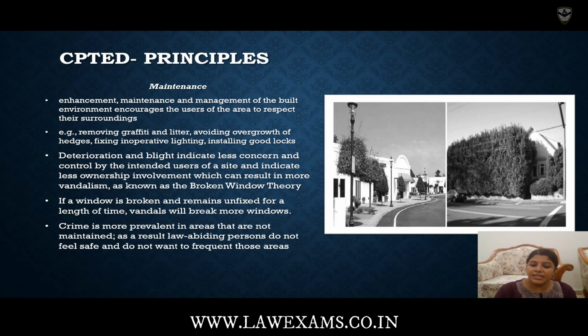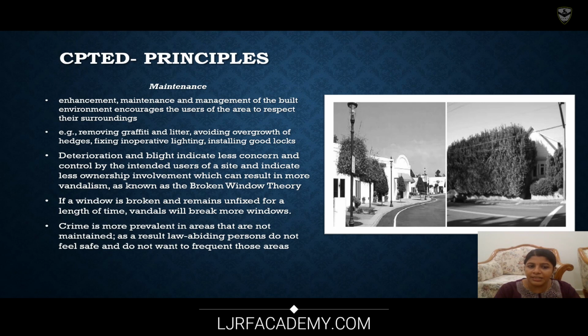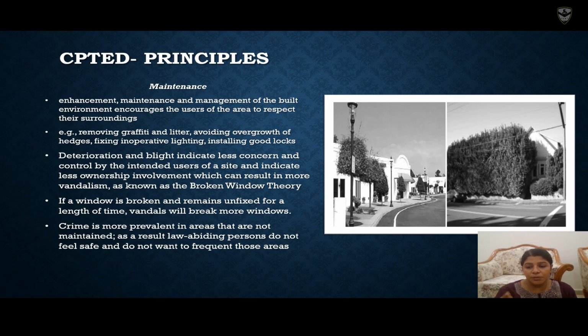So maintaining our house as well as the office and outside environment actually helps in prevention of crime. It is based upon the broken window theory, wherein if a window is broken and remains unfixed for a length of time, the vandals, robbers or criminals can break more windows, as it is an easy accessibility into the house.